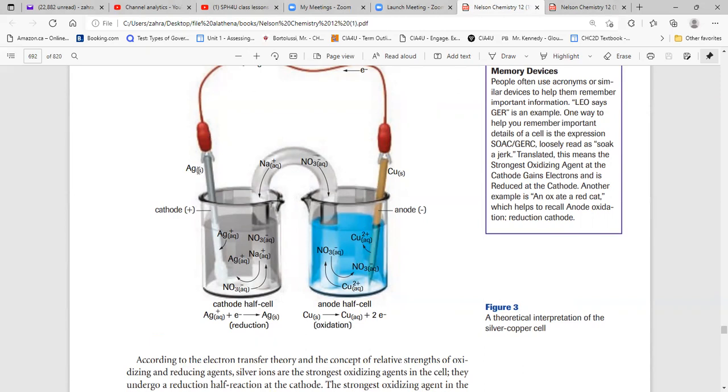Electrons travel here, go to the Ag. Now Ag needs to get that. We have Ag+ here. This will attach itself to the rod and absorb that electron, becoming Ag as a solid. The solid Ag will be produced around this rod.